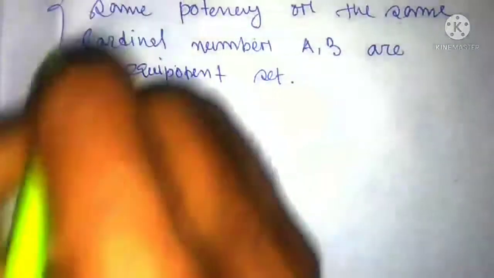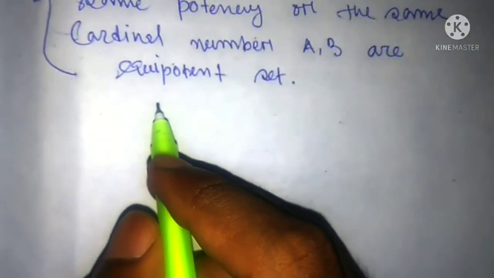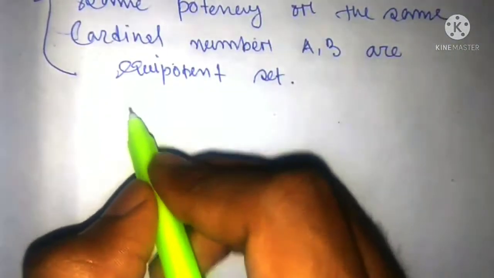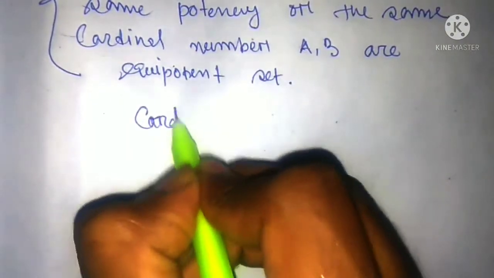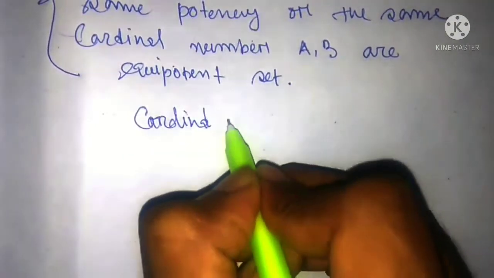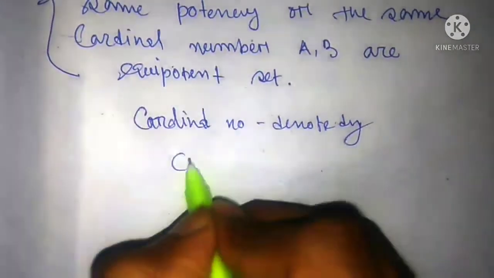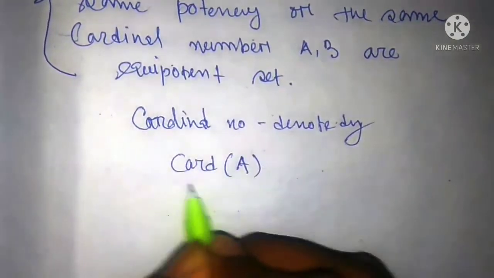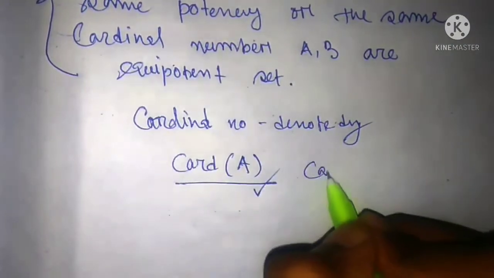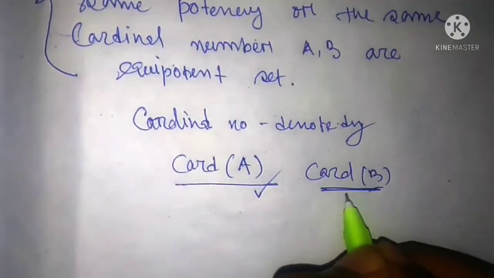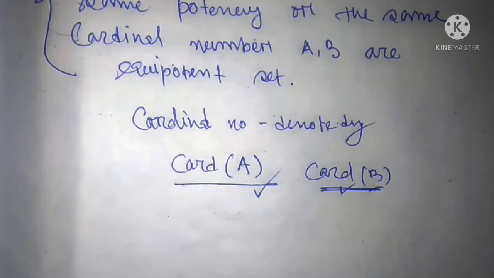Okay, this one has to be remembered. The cardinal number is denoted by card of A, this is the cardinal number of A, card of B, this is the cardinal number of B, that's all.